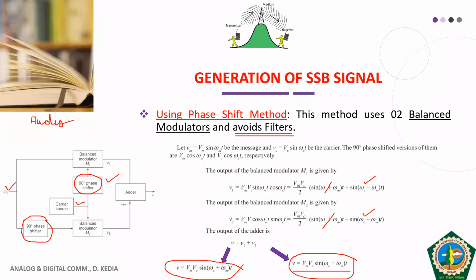Here we are using audio signal as our modulating signal, and we have a carrier signal for carrying this audio signal from one place to another place. Now we already know what is carrier. Carrier is a high frequency sinusoidal component.